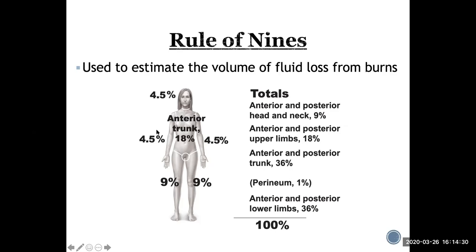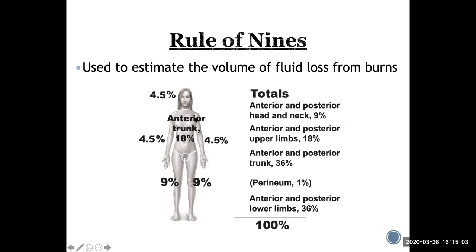So once you add all of that together, you get 100% of the surface area of your body, okay? There's one last little percent, which is your perineum, which is literally the little strip of skin between either your vaginal opening and your anus, or between your testicles and your anus. So they count that as your last little 1% to make a full 100%, which I thought was kind of funny.